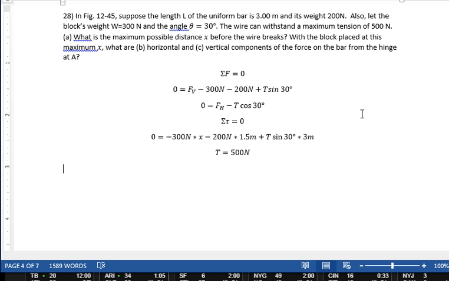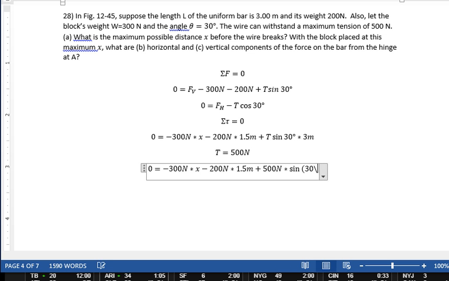All right? Okay. And so that gives us 0 is minus 300 newtons times x minus 200 newtons times 1.5 meters plus the 500 newtons times sine of 30 degrees times 3 meters.